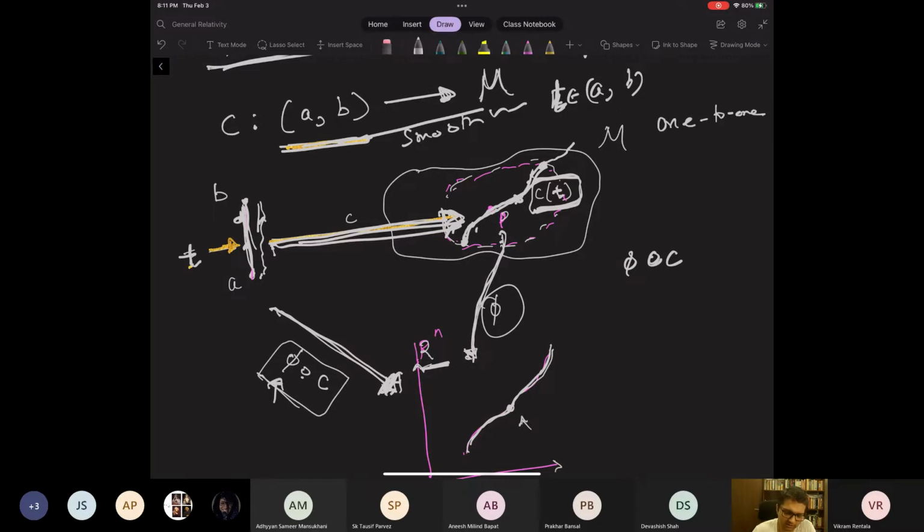Which means that for a point in (a, b), the image is unique, that is, you don't get back the same point for a different t. So this will not be a closed curve, because if I increase t from a to b, I can never come back to the same point, by the choice of this one-to-one map.